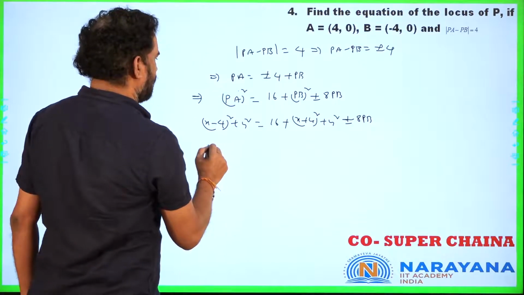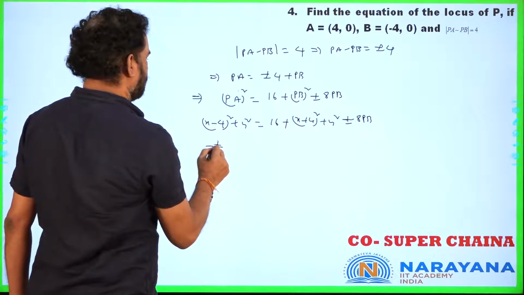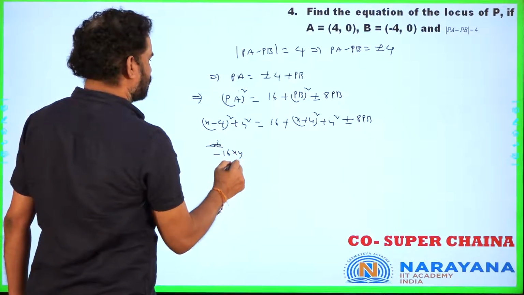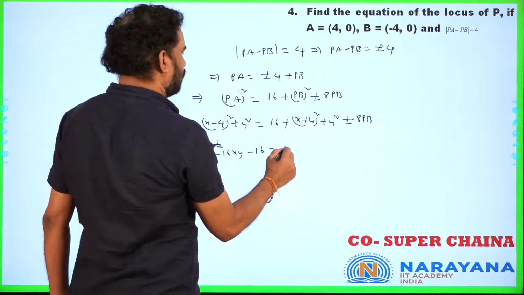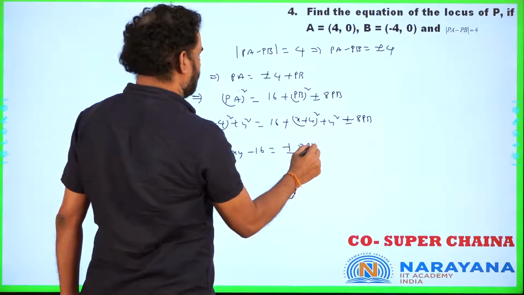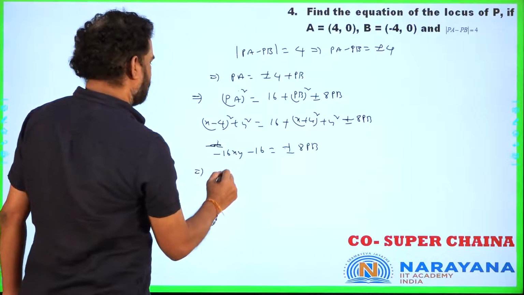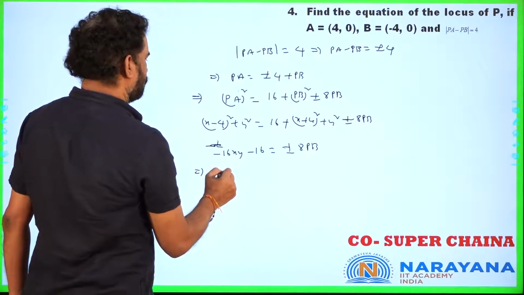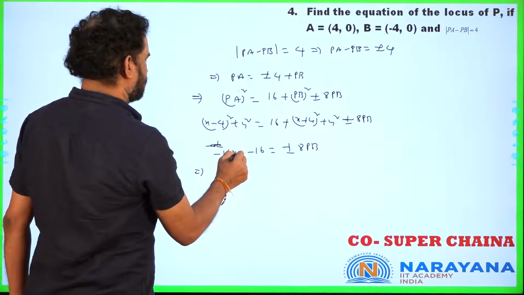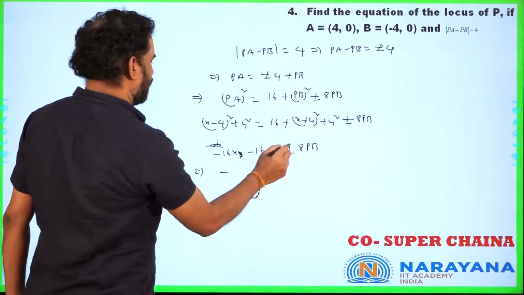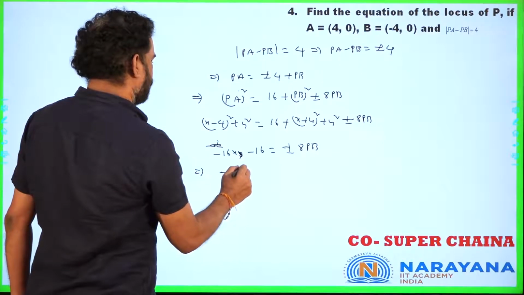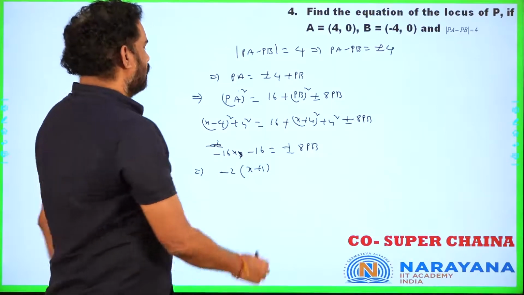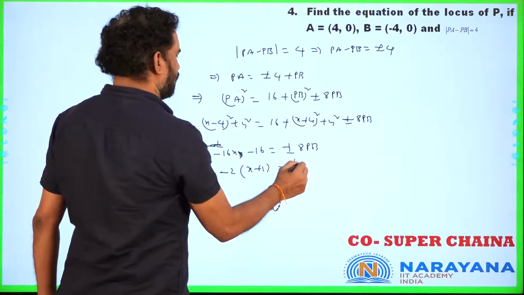So this is minus 16x minus 16x minus 16 equals plus or minus 8 PB. Throughout, 8 will get cancelled. So it is minus 2 into (x plus 1) equals plus or minus PB.